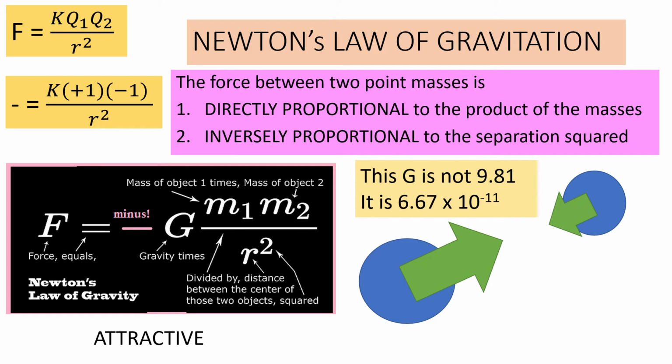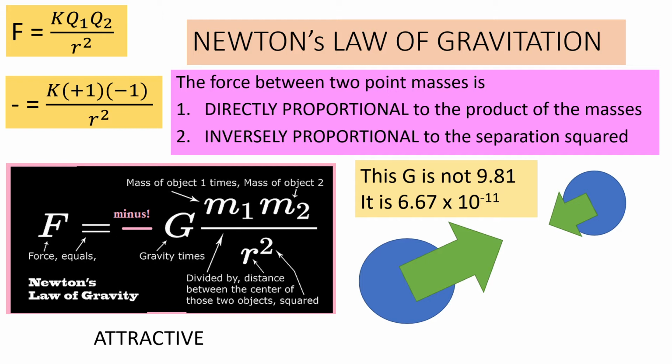This G is not equal to 9.81, because this G varies. This G can vary on a different planet. This big G is the gravitational constant rather than the gravitational field strength of the Earth.